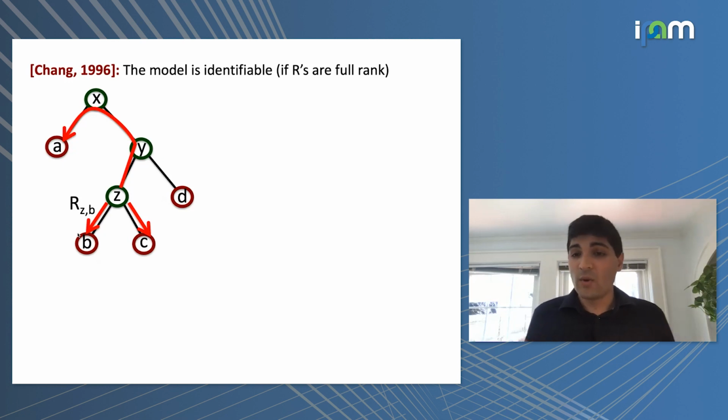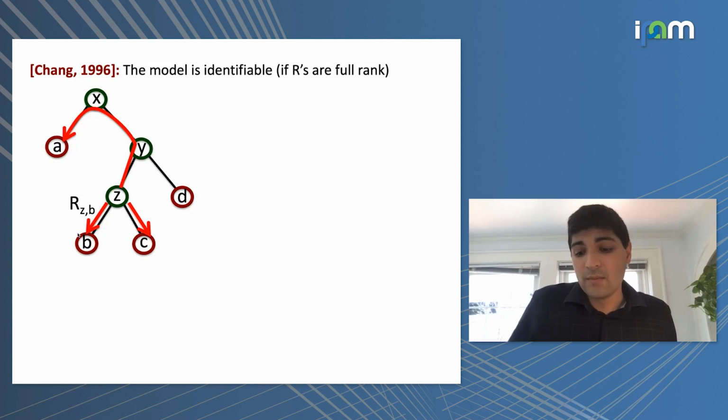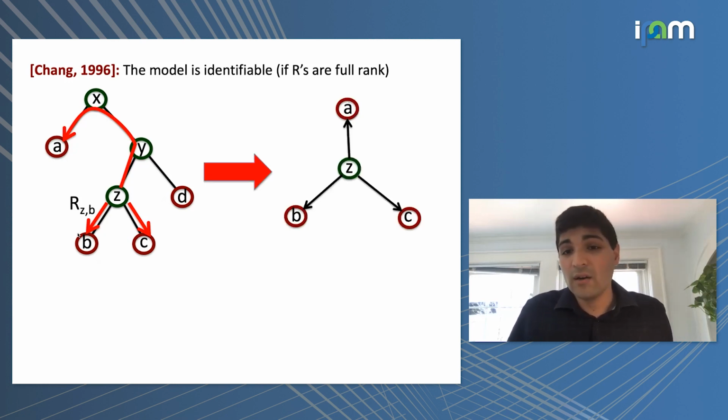Now I can treat each one of these paths as just a branch itself, because I can take the product of the transition matrices, and that tells me how the hidden state of Z affects the conditional distribution of A. But the important thing here is that A, B, and C are conditionally independent, conditioned on the hidden state of Z.